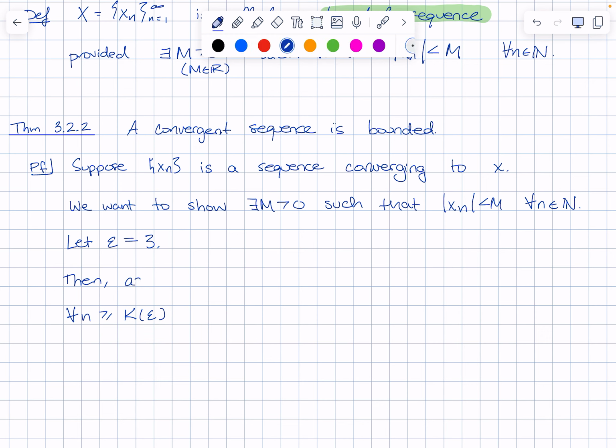Then as xn is convergent to x, there exists k epsilon in the naturals such that, making sure we're writing all this out more clearly, for every n greater or equal to k epsilon, |xn minus x| is less than what? Epsilon or 3. We can just use 3 here.